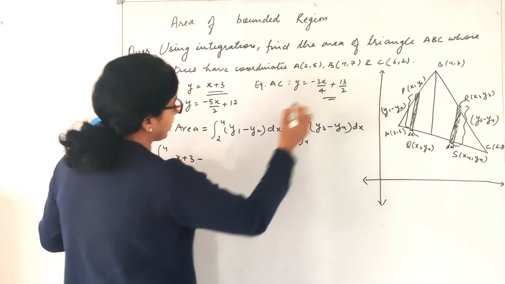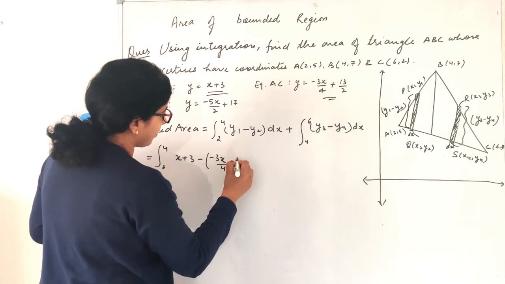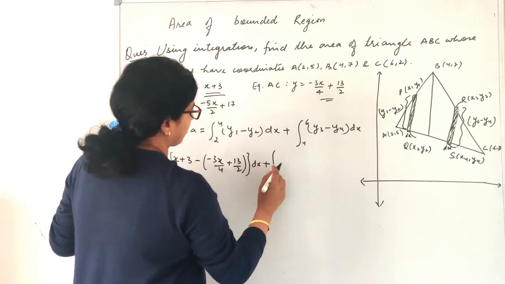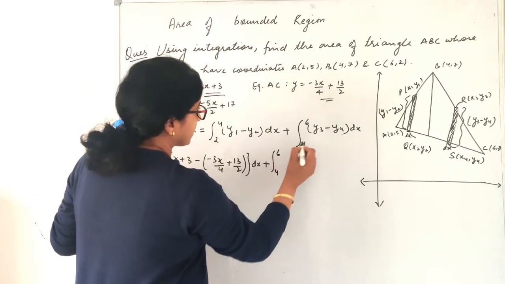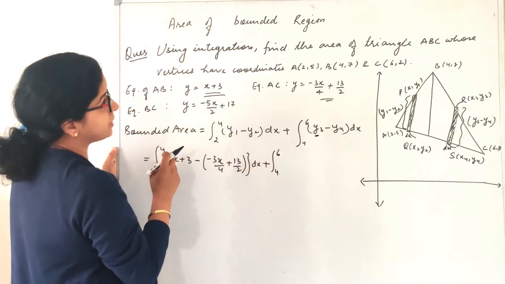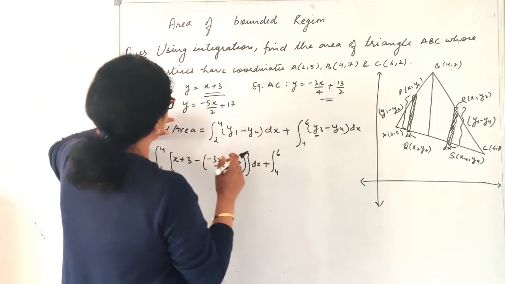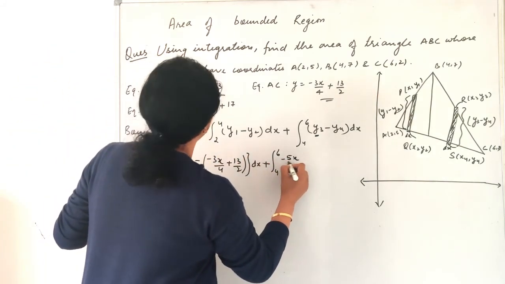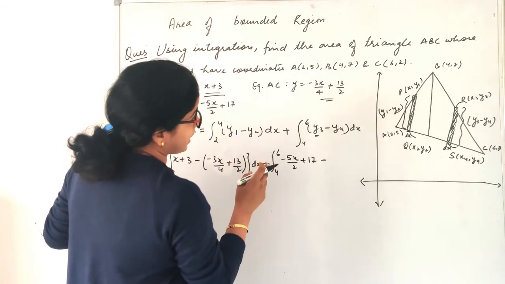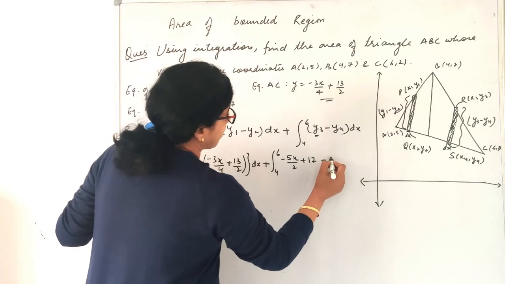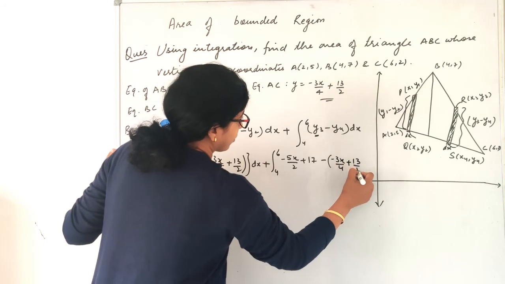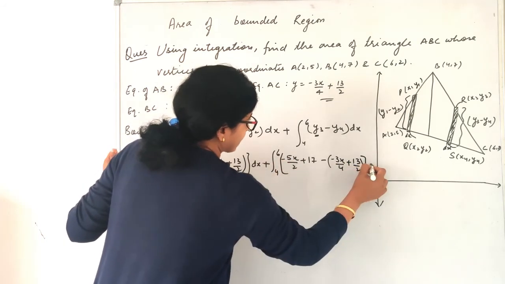So we'll substitute from here: minus 3x by 4 plus 13 by 2, dx, plus the integral from 4 to 6. y3 is the point which lies on BC, so we will take from the equation of BC: minus 5x by 2 plus 17, minus y4, which is on line AC. So we'll write from AC: minus 3x by 4 plus 13 by 2, whole dx, right?